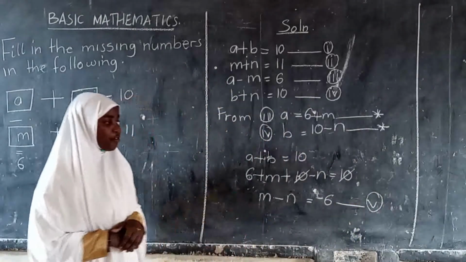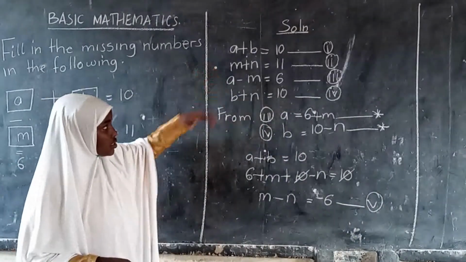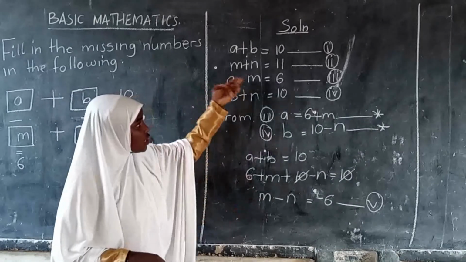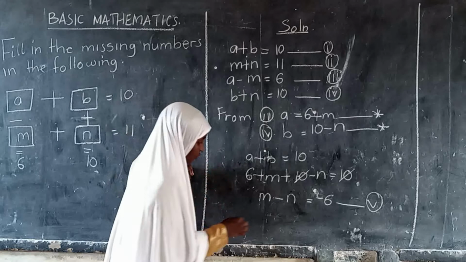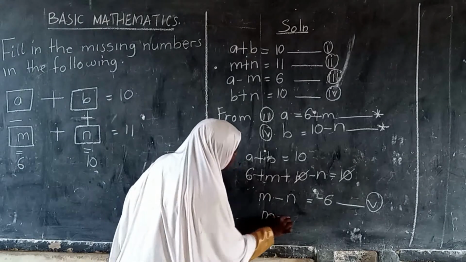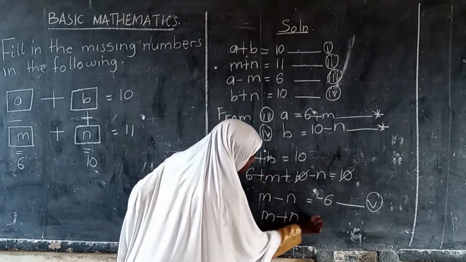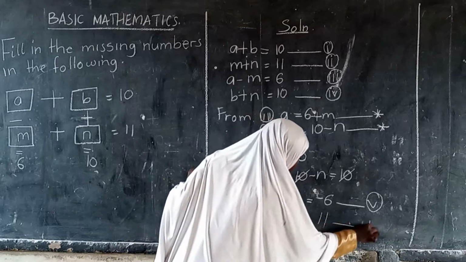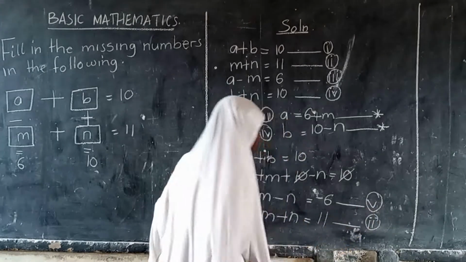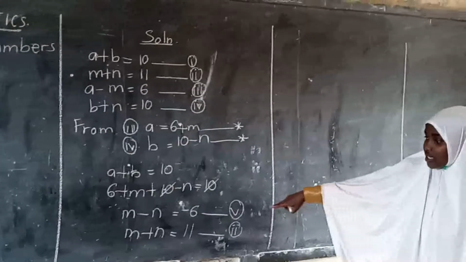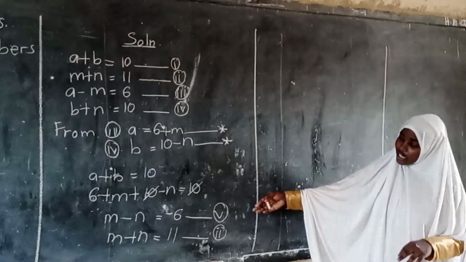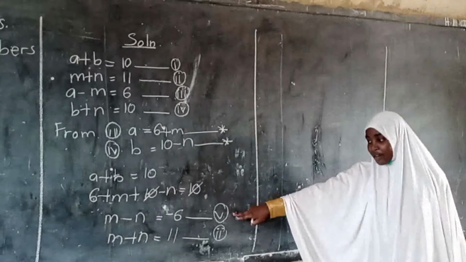After getting equation number 5, we come back to our equations. The one we have not used is only equation number 2, which says that M plus N is equal to 11. So the first is M minus N is equal to negative 6, equation number 5.